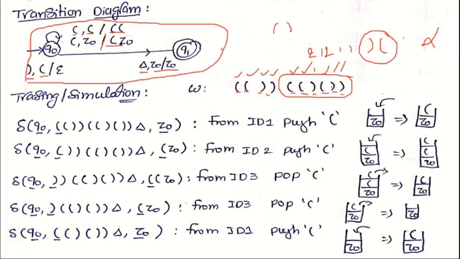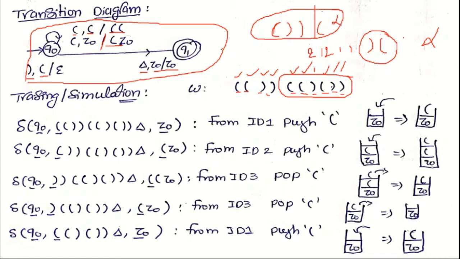Either open, close, again close, open, this combination is also not allowed in balanced parentheses. That is, having more open parentheses up to some part of the string is allowed, but at the completion of the string both must be equal. In the same way, having more closed parentheses up to some part of the string is not allowed. So that is the only restriction compared to the previous languages.